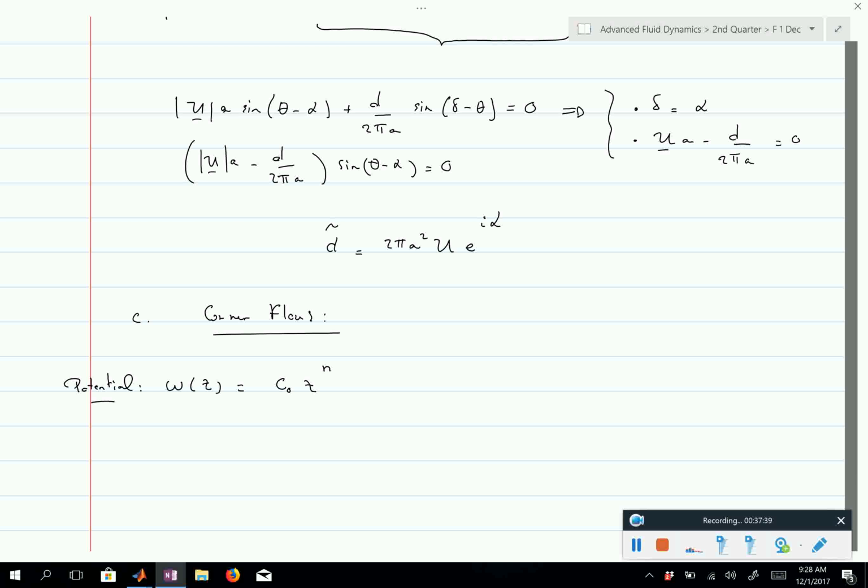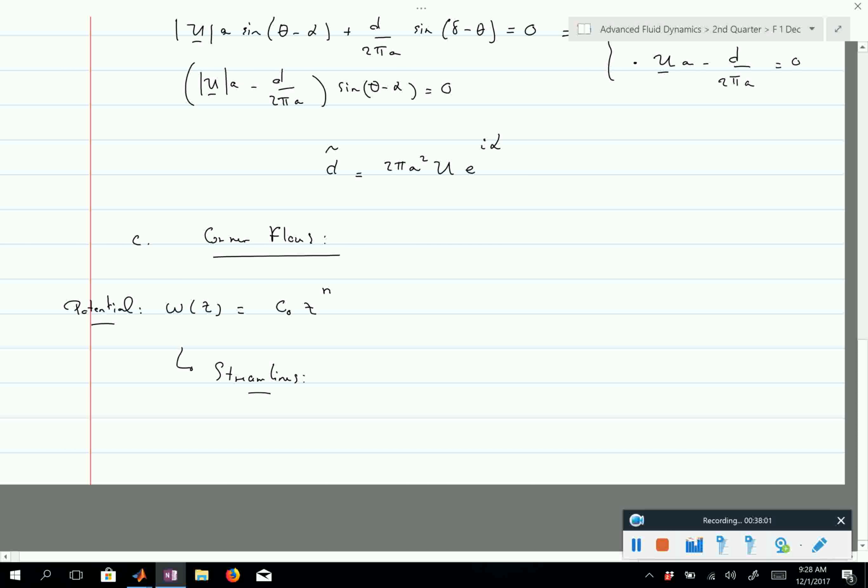The easiest way to think about what this potential represents is to look at the streamlines. So we'll directly jump to the stream function. So let's look at streamlines. For that we have to go to the imaginary part. We take the imaginary part of a complex number, and again I will represent z by its modulus and its argument.